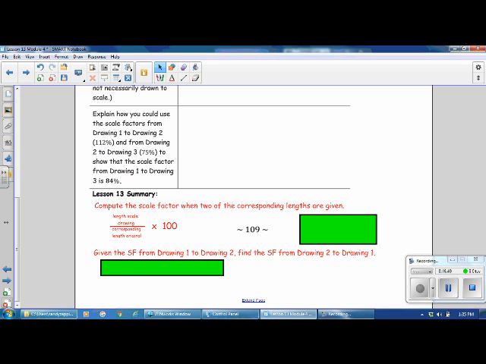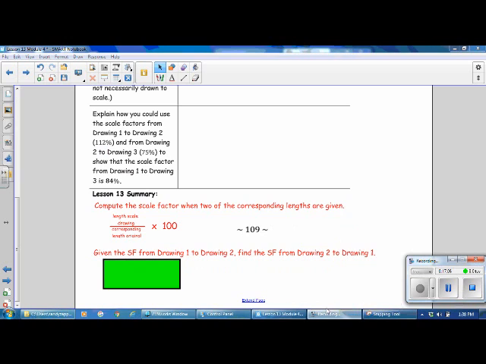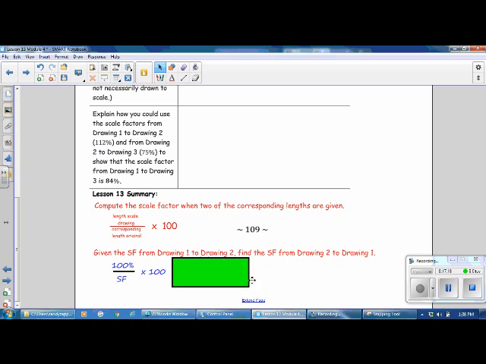So then you would divide that and then multiply by 100. And the second skill that we did, given the scale factor from drawing 1 to drawing 2, find the scale factor from drawing 2 to drawing 1. And the procedure for that is 100% divided by the scale factor times 100.